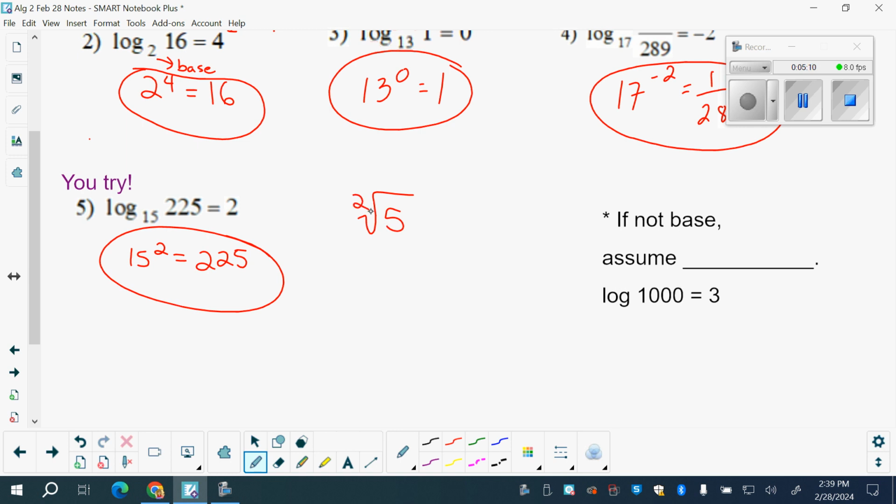So logs are the same way, where if there's no number there, it's assumed to be something. If there's no base, assume the base is 10. So 10 is the most common log, and that's where the 10 comes from. So if this is log of 1,000 equals 3, what would my base be since there's no base there?